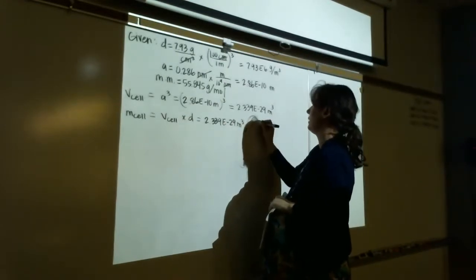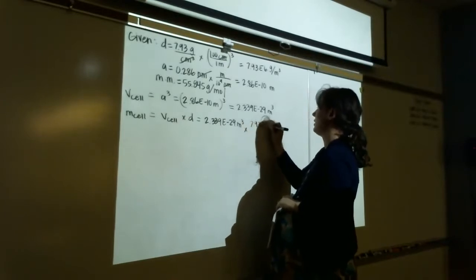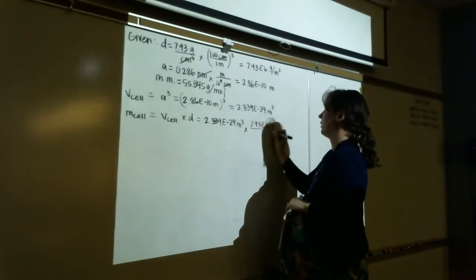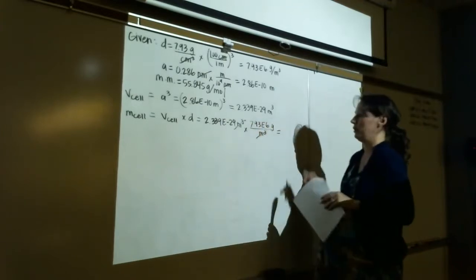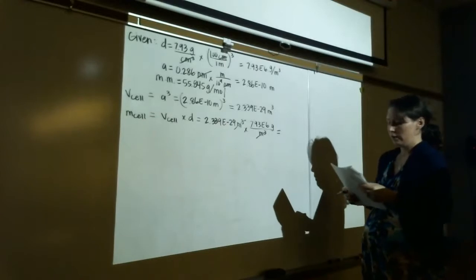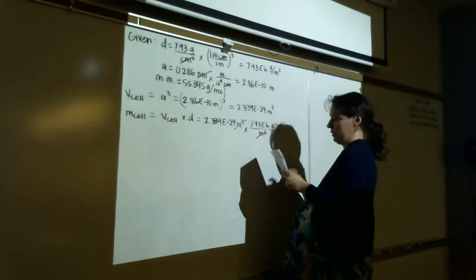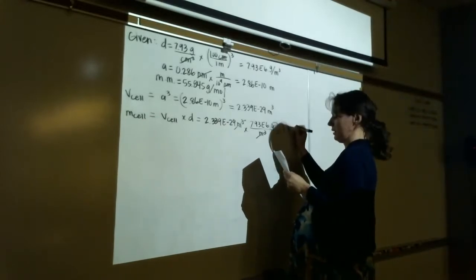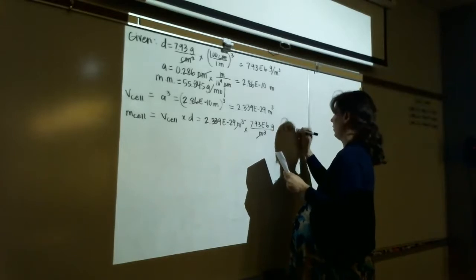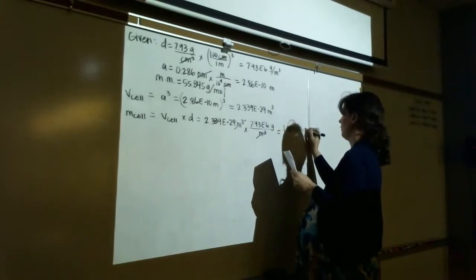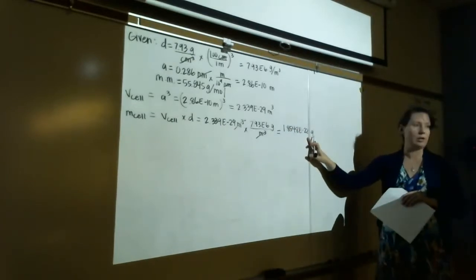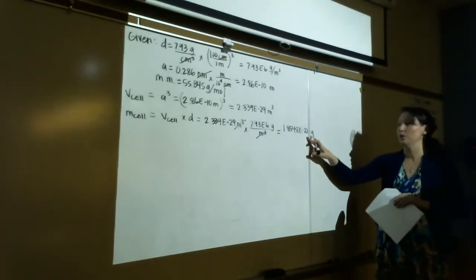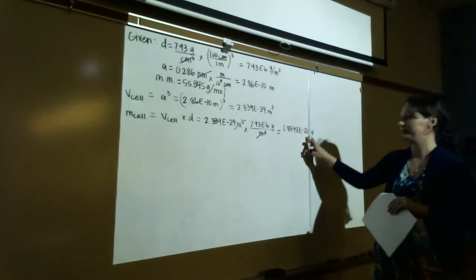So 7.93 times 10 to the 6th grams per meter cubed. Meter cubed cancels, gives me my unit in grams. So I got 1.8548 times 10 to the negative 22nd grams. Is that a reasonable mass for a unit cell? Yes, that is reasonable. That's very, very, very small.